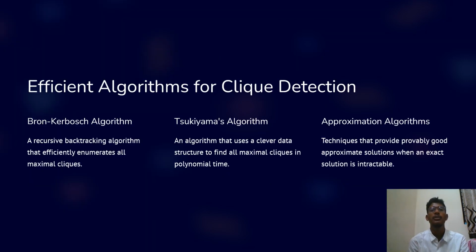Efficient algorithms for the clique decision problem. There are three types. The first one is the Bron-Kerbosch algorithm, the second one is Tsukiyama's algorithm, and the third one is approximation algorithms. First of all, we will talk about the Bron-Kerbosch algorithm.